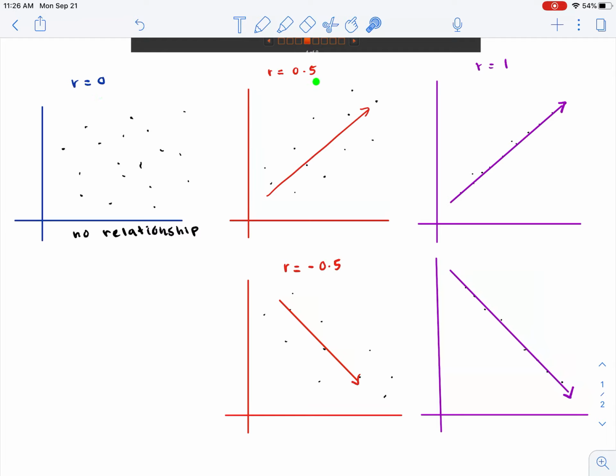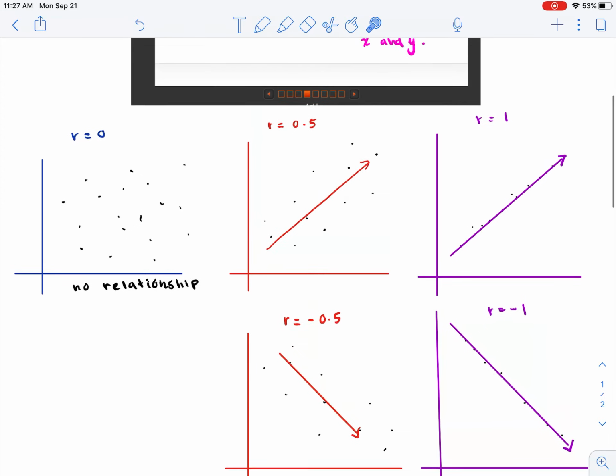If it's 0.5, you see somewhat of a relationship, a bit of an increase or a decrease, but it's not close to a straight line. And when your correlation coefficient is 1, you have a very strong relationship, generally represented by a straight line, increasing. Oh, I forgot to write this: R is equal to negative 1, and this is if there's a decrease.